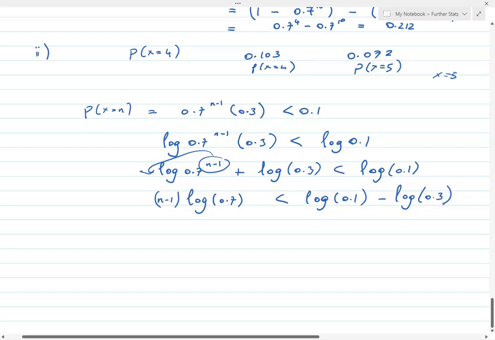Right, now we can divide by log 0.7, but bear in mind, dividing by log 0.7 is effectively dividing by a negative number, so the inequality has to reverse. So n minus 1 is greater than log 0.1 minus log 0.3 over log 0.7.